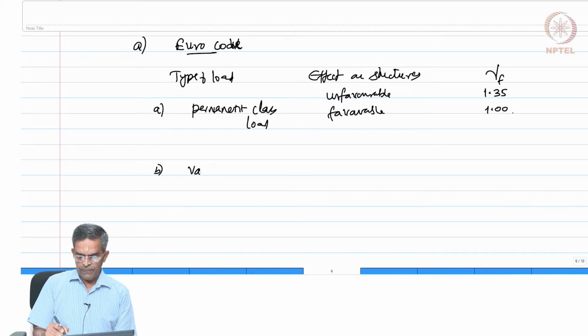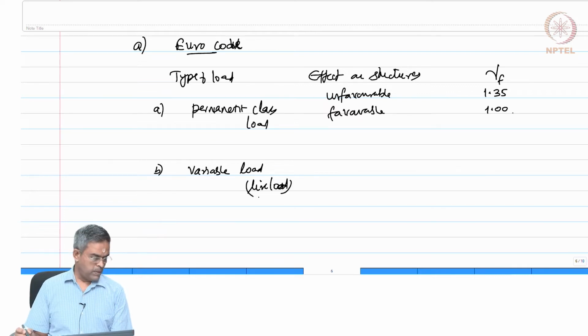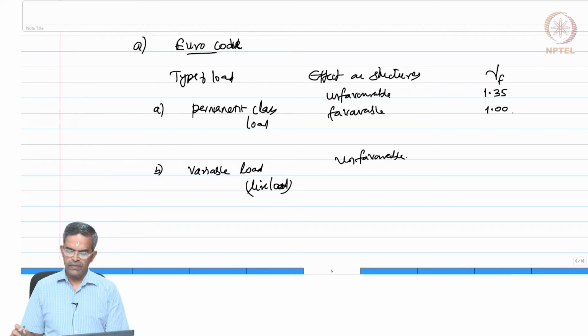Let us say for a variable load, it can be even the live load, for example, then you look for the most unfavorable condition only for this kind of variable loads and the factor is 1.5, and for the favorable condition of design this is not suggested.